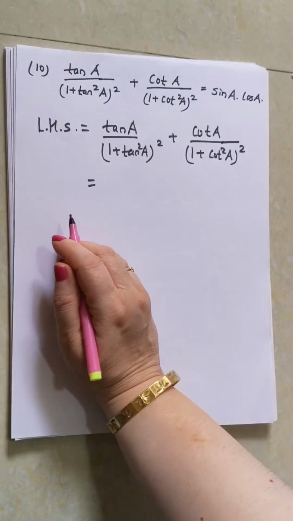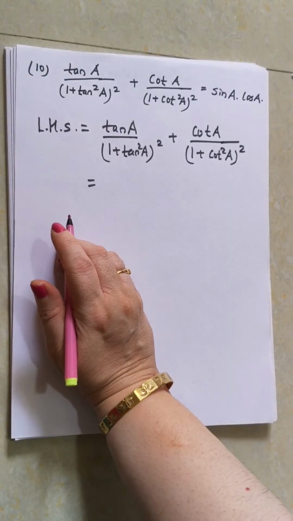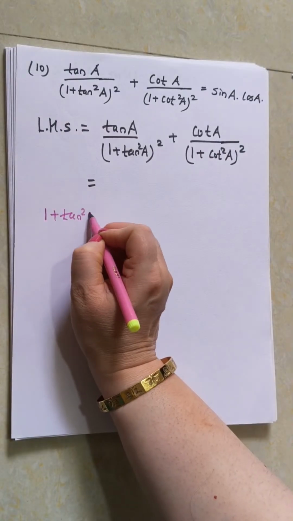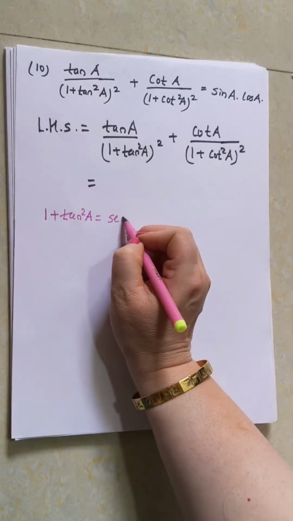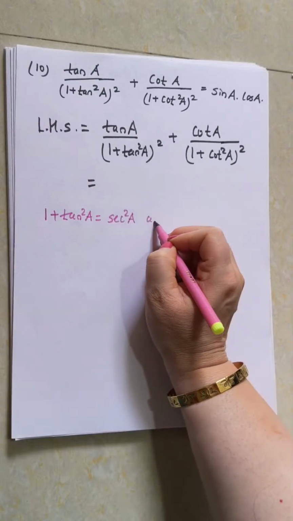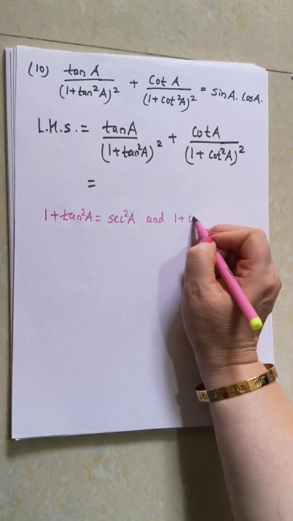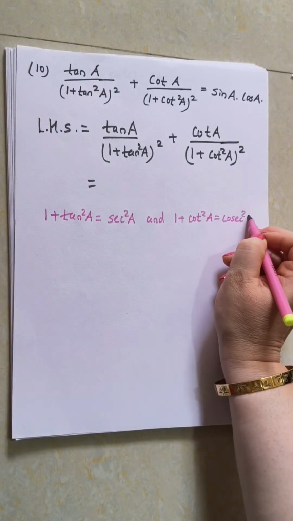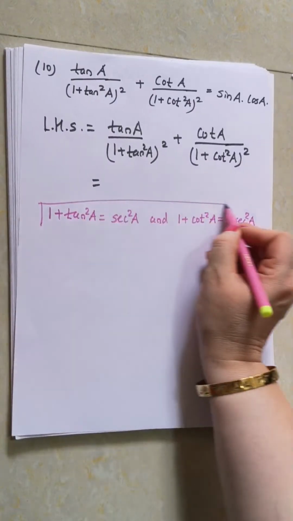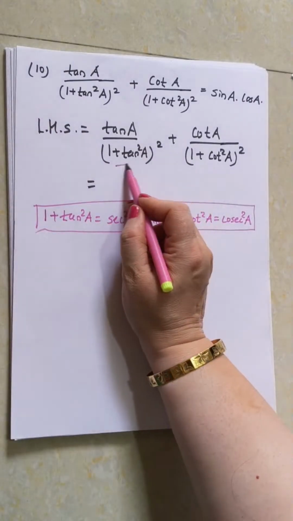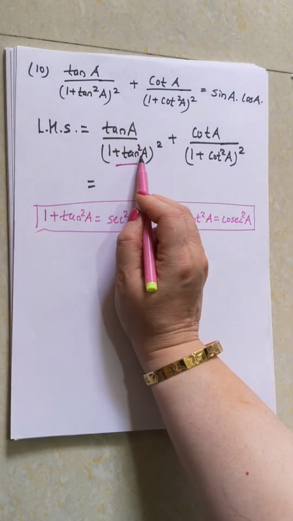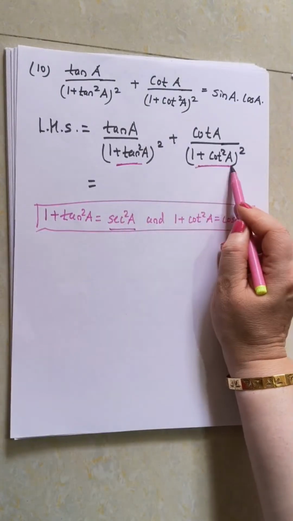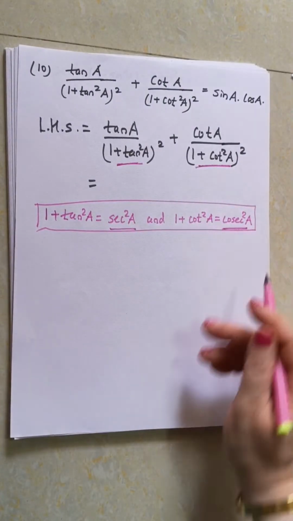Two trigonometric identities here we are going to use: 1 plus tan square A is equals to sec square A, and 1 plus cot square A is equals to cosec square A. So in place of 1 plus tan square A, I am going to write sec square A. In place of 1 plus cot square A, I am going to write cosec square A.